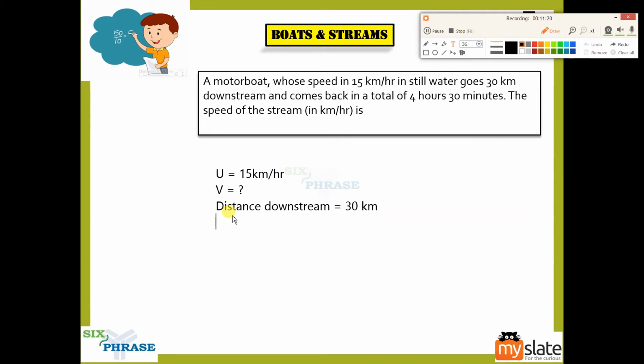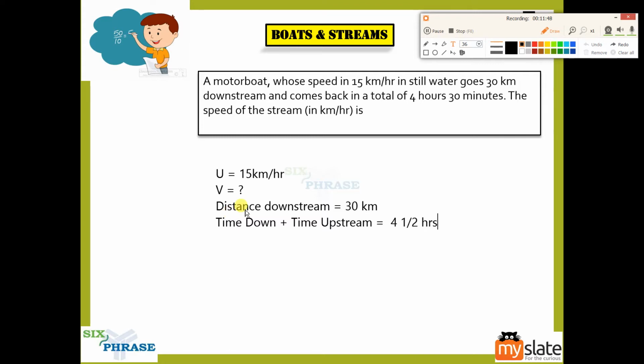It is given total time, which means time downstream plus time upstream is equal to 4 hours 30 minutes. I'll mark it as 4.5 hours.